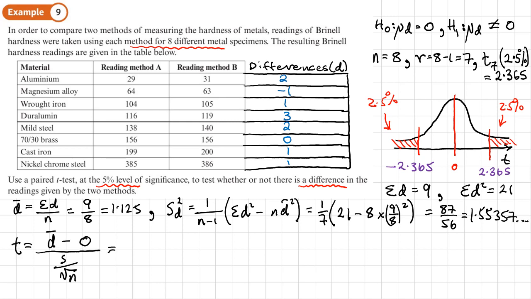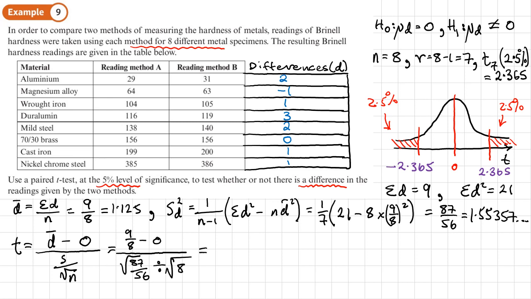Right, so now I can work out my test statistic. So that's going to be the mean, 9/8, minus 0, divided by the sample standard deviation, so it's going to be the square root of 87/56, divided by the square root of n, and n is 8.